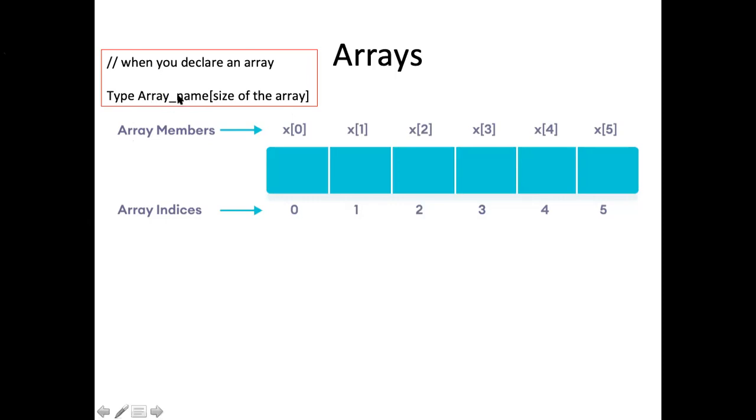For example, you can name an array that contains student information as student record, followed by the brackets, and within those brackets you actually write down the size of the array.